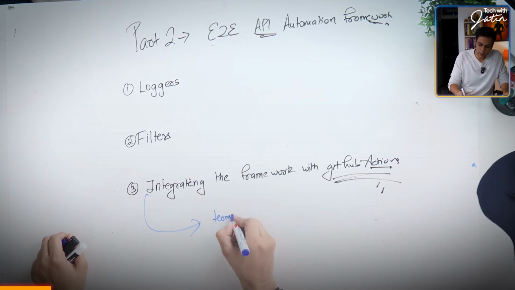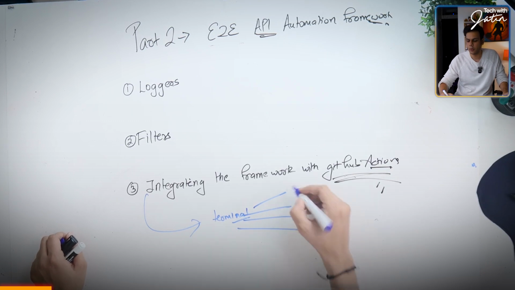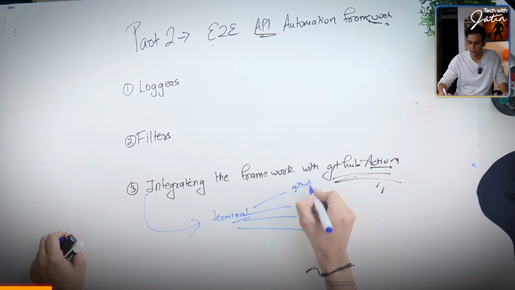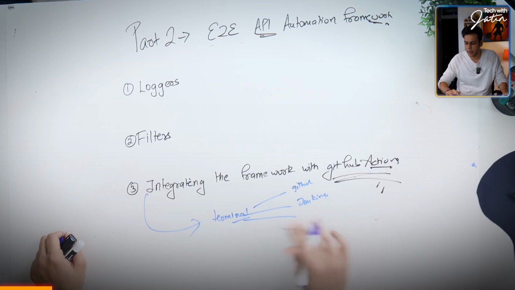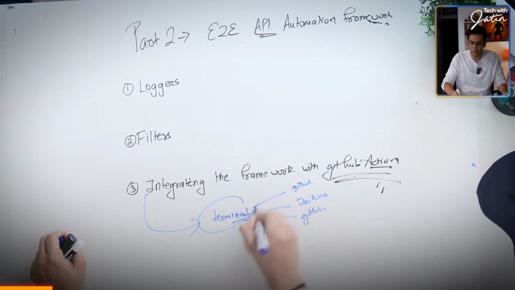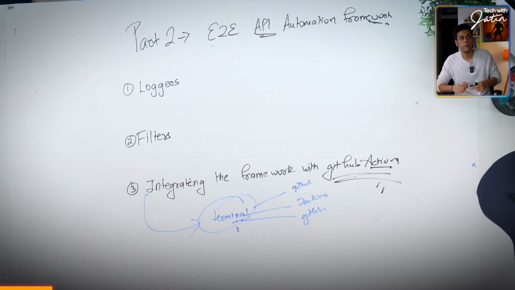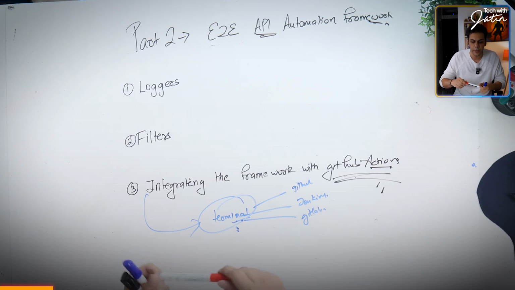If I'm able to run the test from the terminal, then it doesn't matter whether you do it with GitHub Actions, Jenkins, or GitLab Runner, it will still remain the same. You just need to know the command for how this framework is going to be executed. If you have seen the SDET foundation, we have discussed this part in detail. I'll put the link in the description section. You can check that part also.